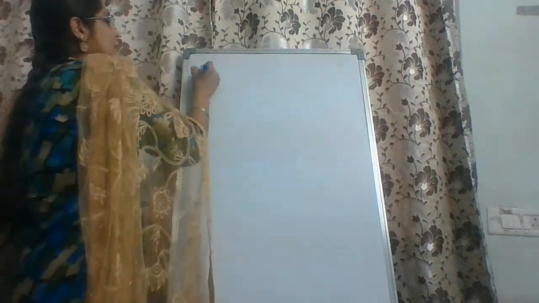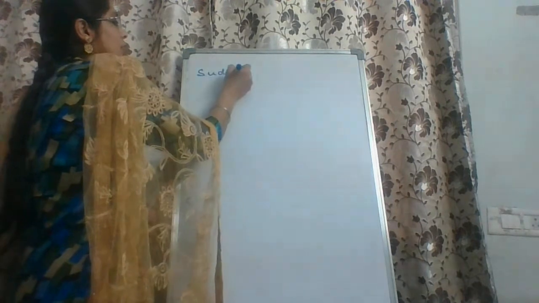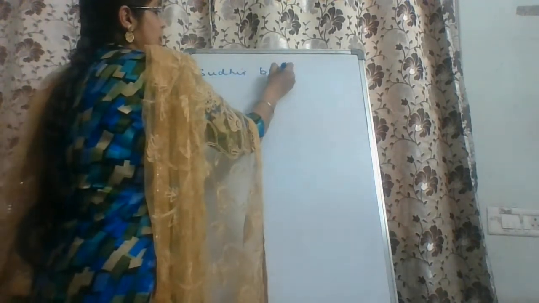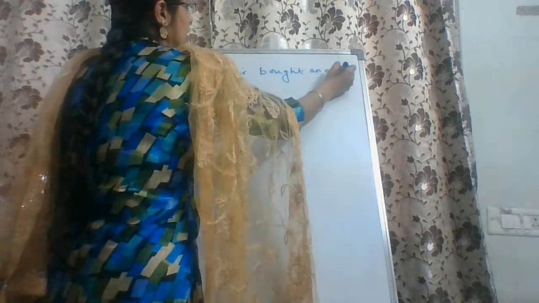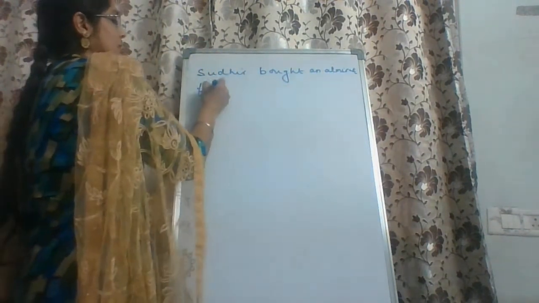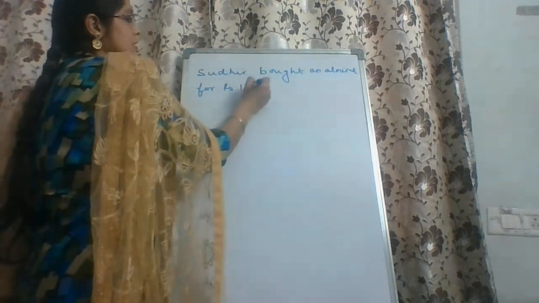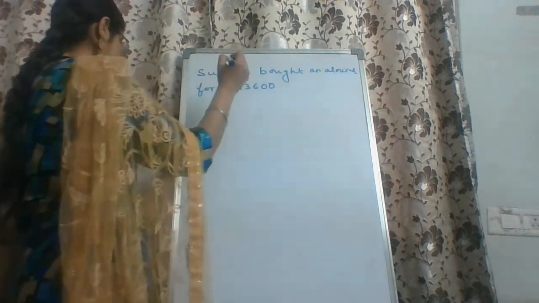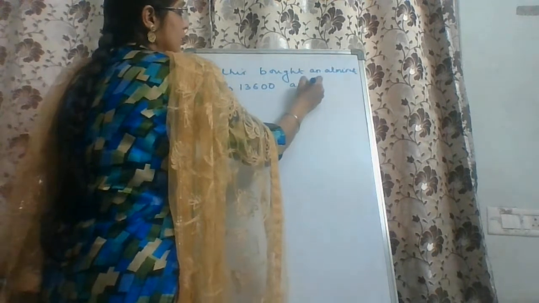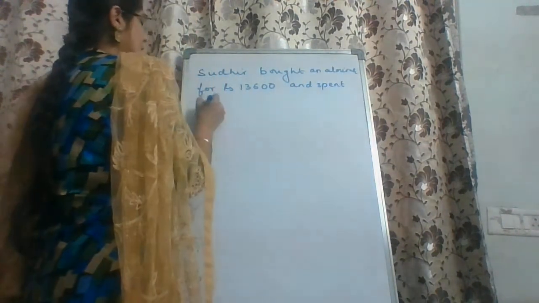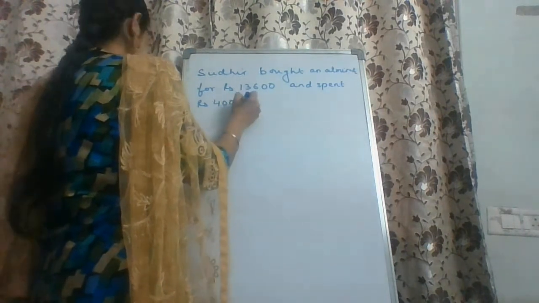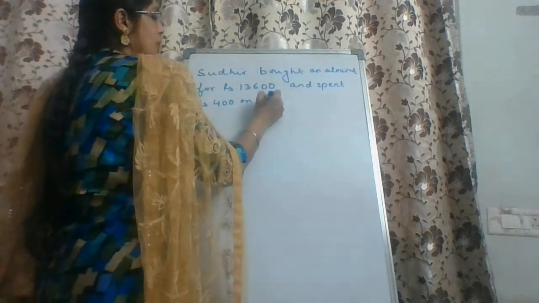Sudhir bought an almirah for rupees 13,600 and spent rupees 400 on transportation.